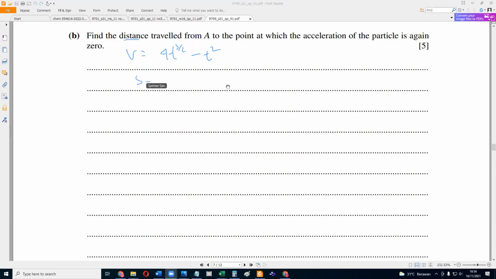So S is the integral of V dt. That's going to be the integral of 4t^(3/2) minus t squared dt.